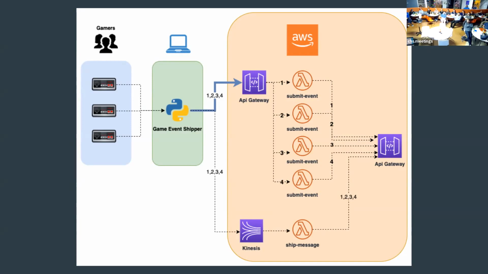API Gateway receives them, and that will be served by 4 different Lambdas because it scales out horizontally very rapidly. Those 4 Lambdas have different resource contention with other stuff running on whatever host they're running on, and they might process those messages a little bit faster or slower than the other one. So by the time they come out the other end, they might not be 1, 2, 3, 4. They might be 1, 3, 2, 4.